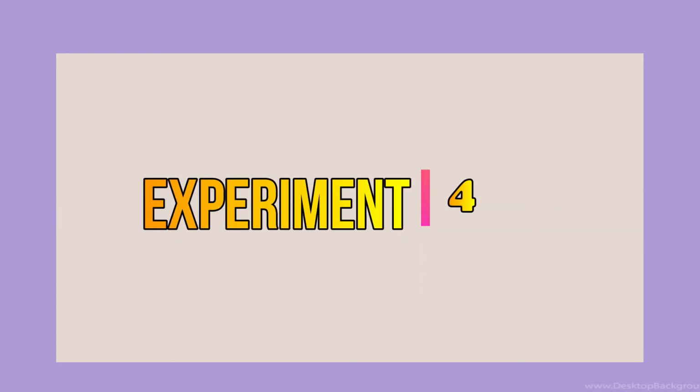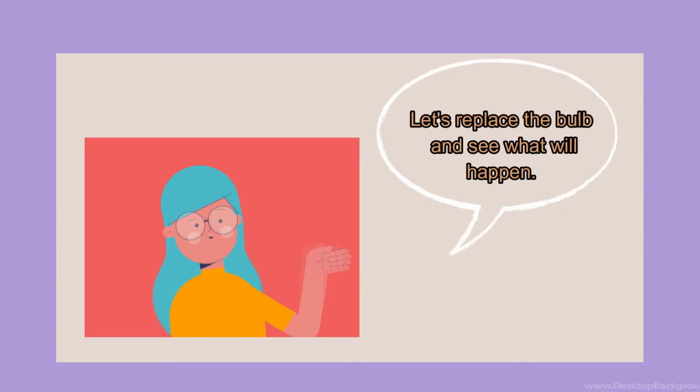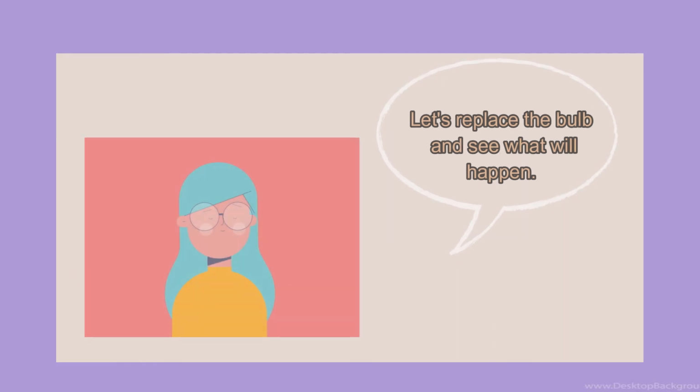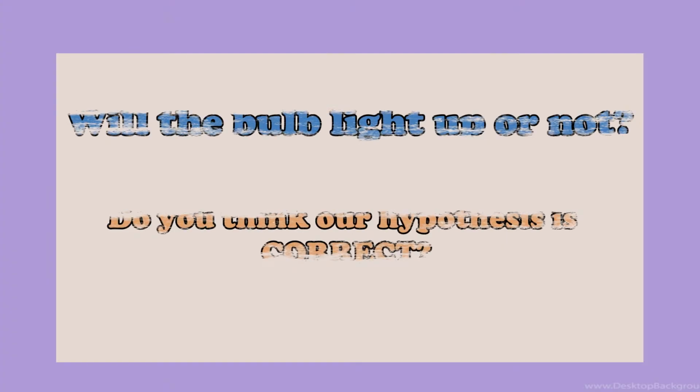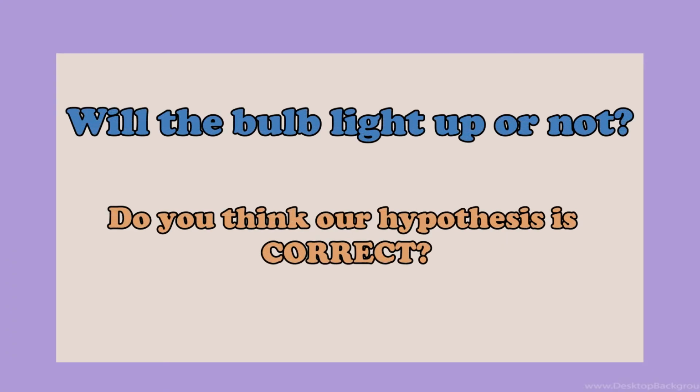And let's now move to the test or experiment. So now, let's replace the bulb and see what will happen. The next method is the analysis. What do you think? Will the bulb light up or not? Do you think our hypothesis is correct?